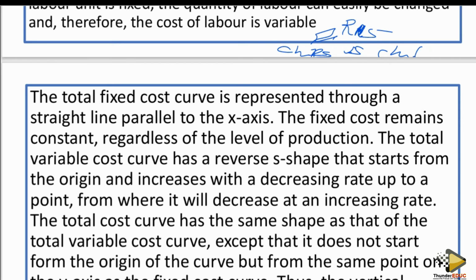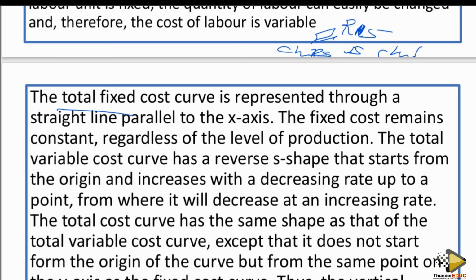Now let's check the total fixed cost curve. The total fixed cost curve is represented by a straight line parallel to the axis, and the fixed cost remains constant regardless of the level of production. The total variable cost curve has a reverse S shape that starts from the origin and increases at a decreasing rate up to a point, from where it increases at an increasing rate.